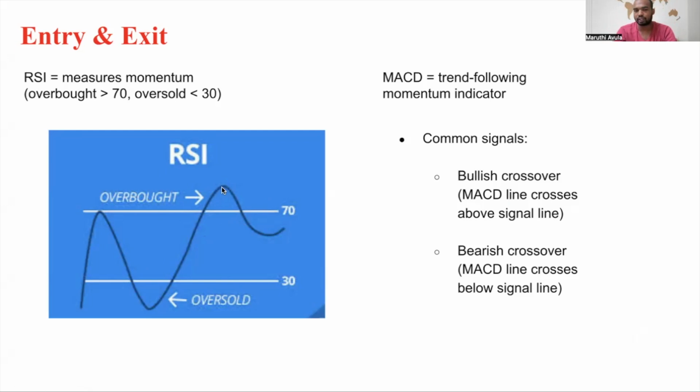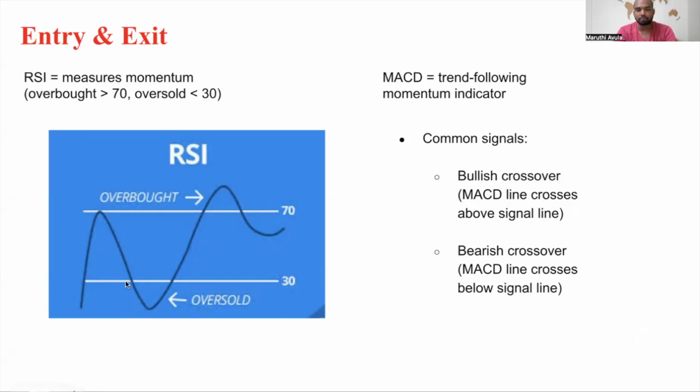Once they book the profit, they sell all their holdings, so supply will increase in the market and its value will come down. In the same way, oversold: when it is oversold, the price of the particular stock will come to the lowest value, which means an attractive value.